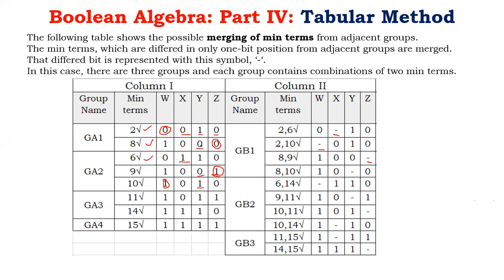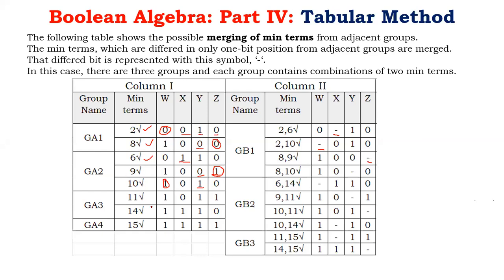So 8 and 10 gives 1, 0, dash, 0. So in this way, we can compare. Every element of group 1A and group A2 is used, so we put tick marks beside the min terms.